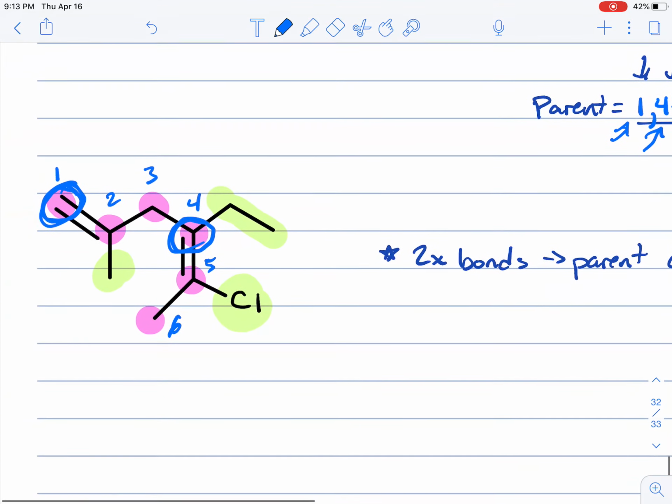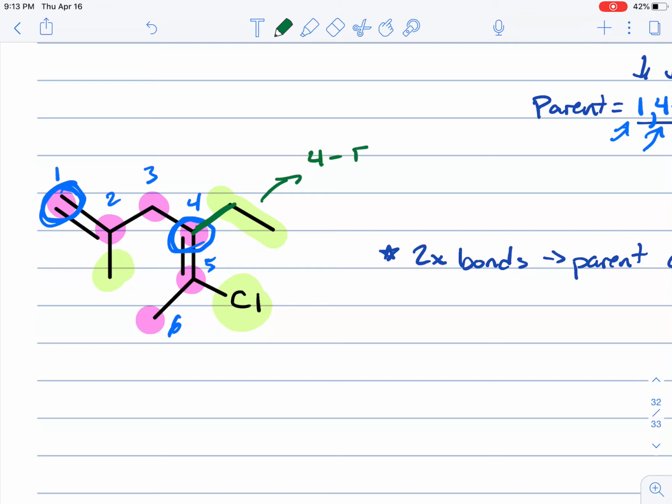Okay. So now that I've figured out the double bonds, now that I've figured out what carbon number my double bonds start, I'm going to go ahead and start describing my substituents. And so here I have an ethyl, and ethyl is on the fourth carbon.